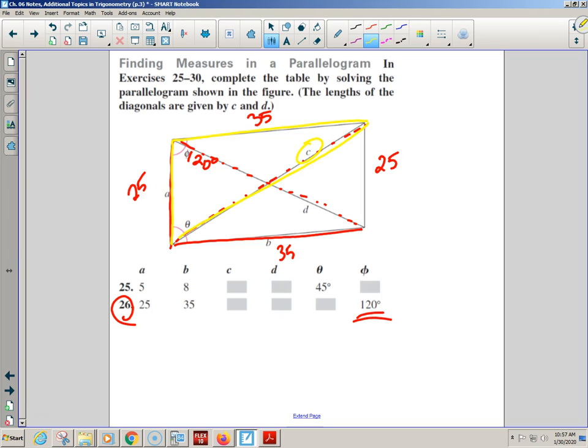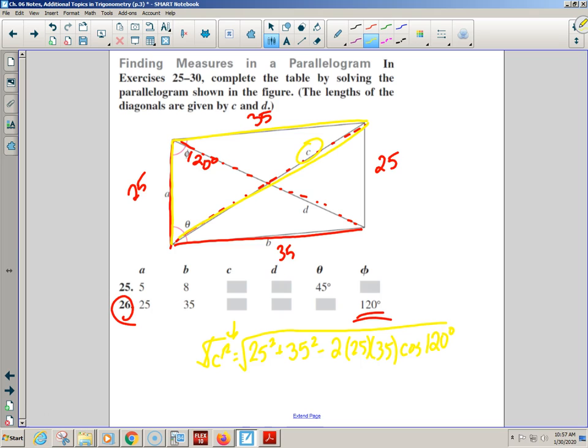So law of cosines would be way easier, and I would have, let's see, C squared equals A squared plus B squared minus 2AB cosine of the opposite angle, which is 120, and then hopefully by now we realize we're square rooting, yeah, to get that side. Okay, I could get C pretty easily.